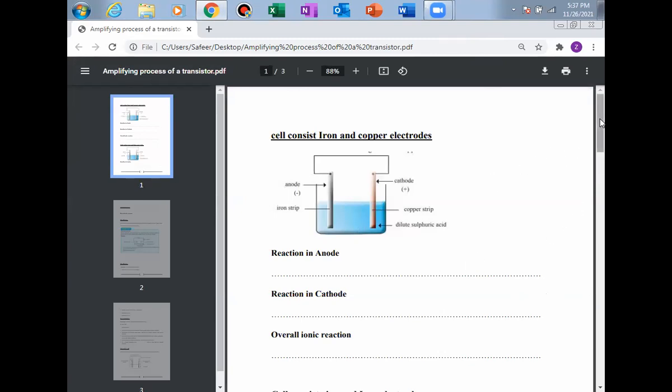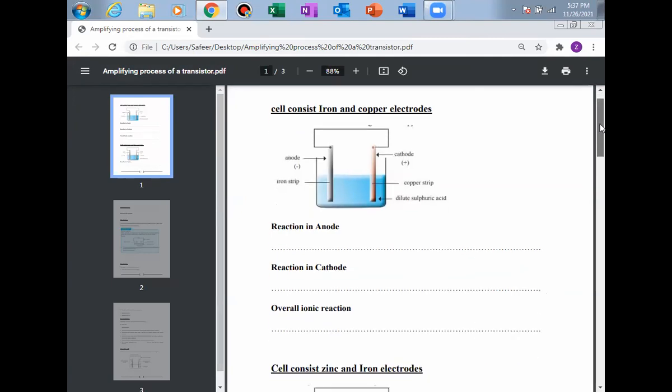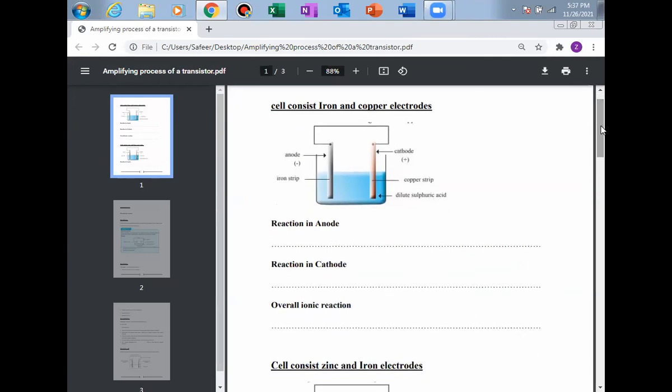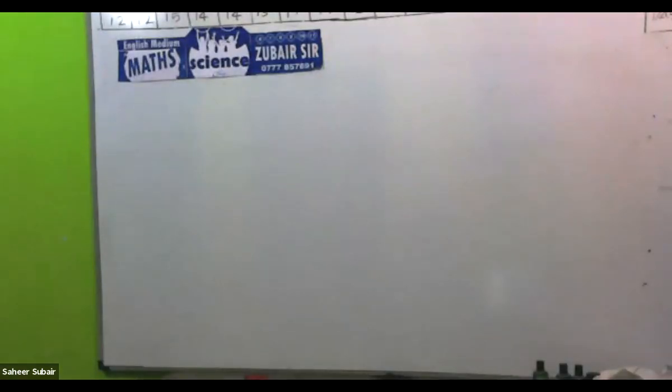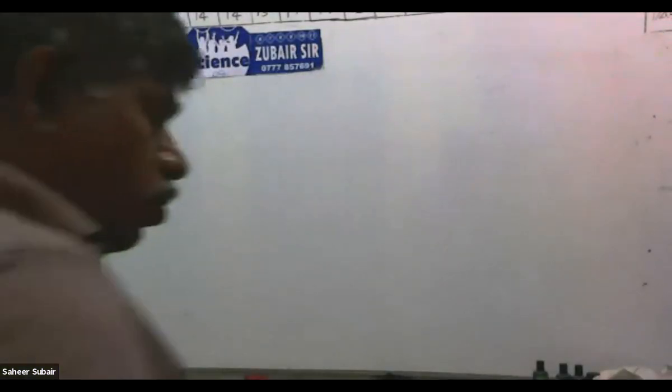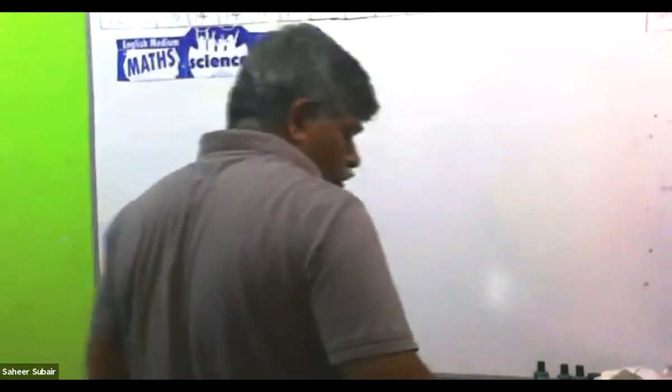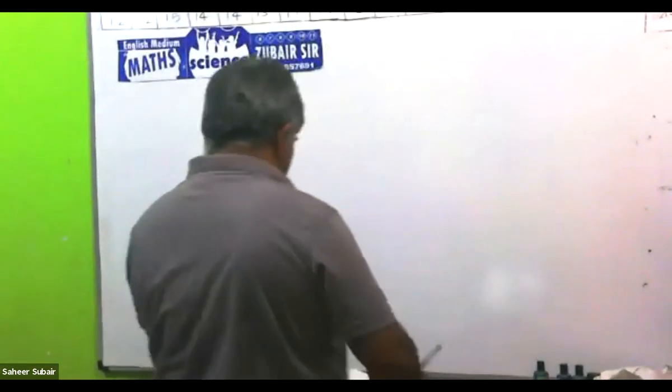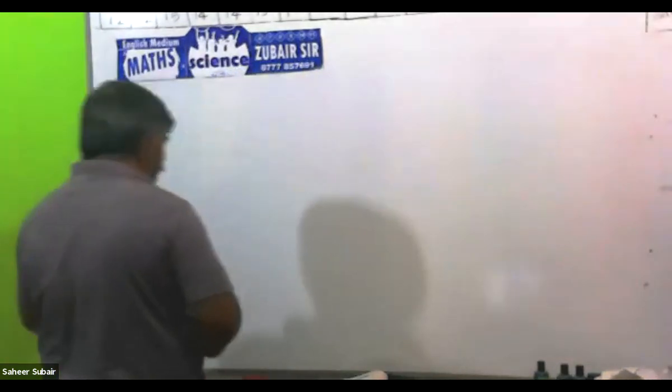So this is the tute given. Cell consists of iron and copper electrodes. So, what is our heading?